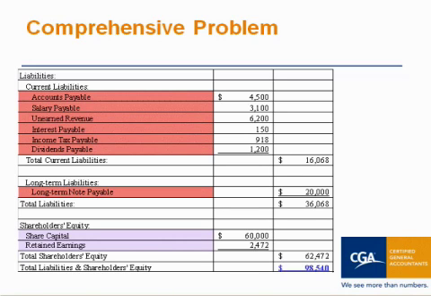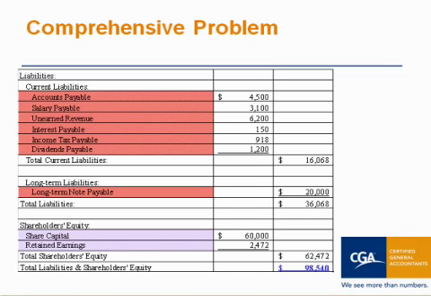So what do the owners have? Residual. Share capital is in at $60,000, and the retained earnings, we calculated and we prepared a statement of retained earnings and proved that the balance was $2,472.